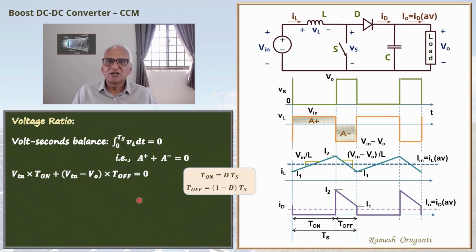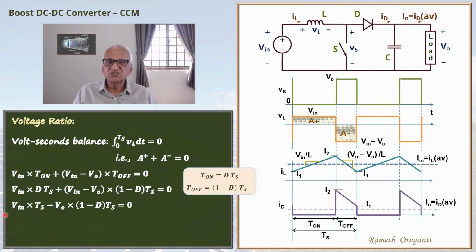So we can rewrite this equation as Vin times dTs plus Vin minus V naught times 1 minus d times Ts equals 0. We can collect the terms and rewrite this as Vin times Ts minus V naught times 1 minus d times Ts equals 0. So V naught by Vin will be 1 by 1 minus d.